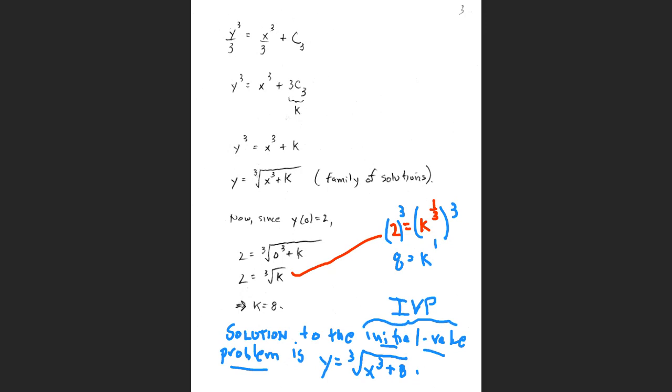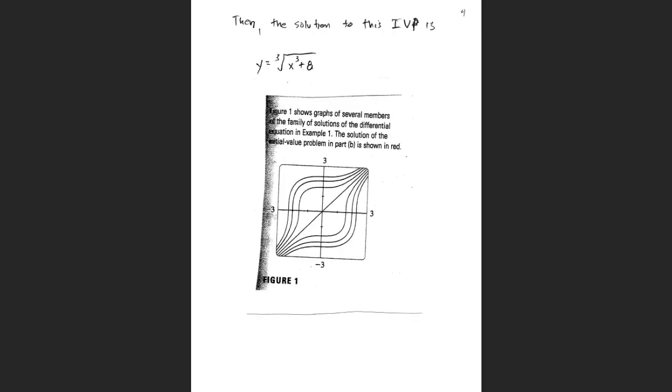Well, this is the IVP, the initial value problem. Are there any questions before I go to the next page? Okay, I'll go to the next page. And what I have here is actually example 1 out of the book.